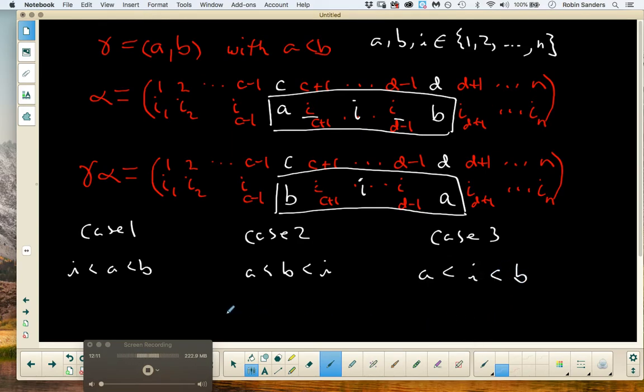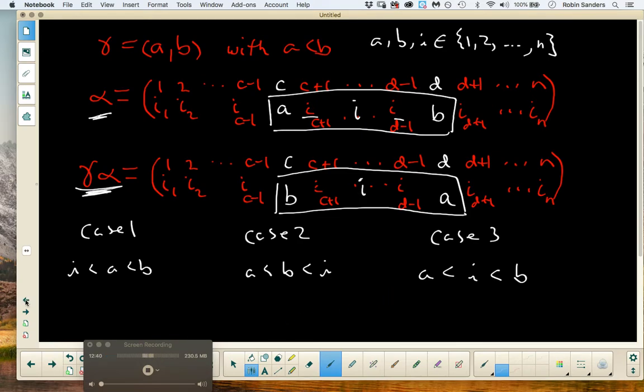And what I want to do is analyze each one of these three cases one at a time. Because if I can figure out what's going on in these three cases, then we can figure out how the parity of the permutation first do alpha then do gamma is related to the parity of the permutation that we started with.